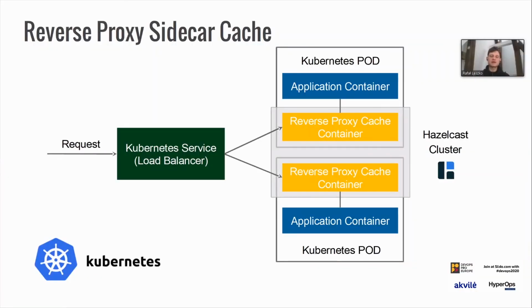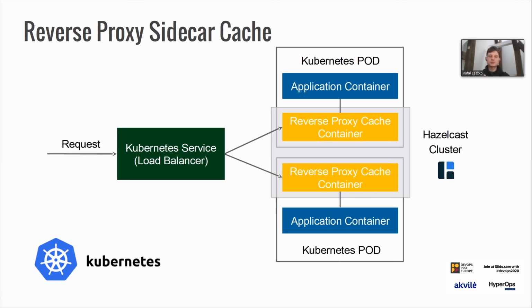Again, our diagram is Kubernetes specific, and the flow is as follows. Request goes to Kubernetes service. It load balances the traffic to Kubernetes pods, but this time in the pod is not the application container that receives the request, but it is the reverse proxy cache container.